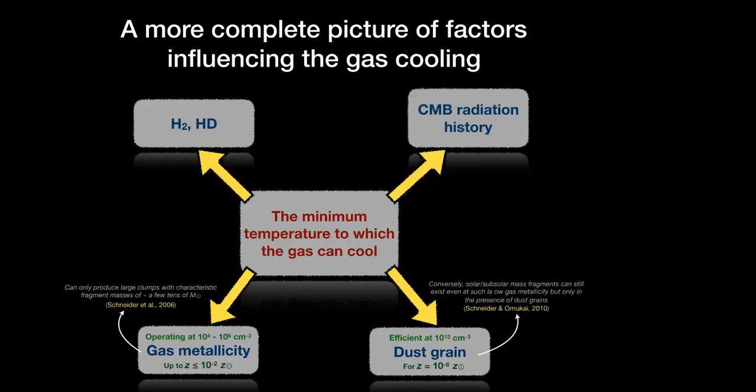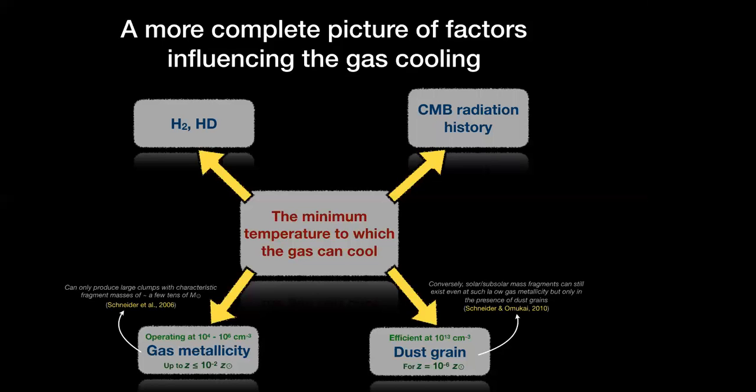For instance, we need to take into account that the CMB radiation history is also very important. Why? Because the CMB can provide the minimum temperature for the gas to begin with in terms of the star formation.